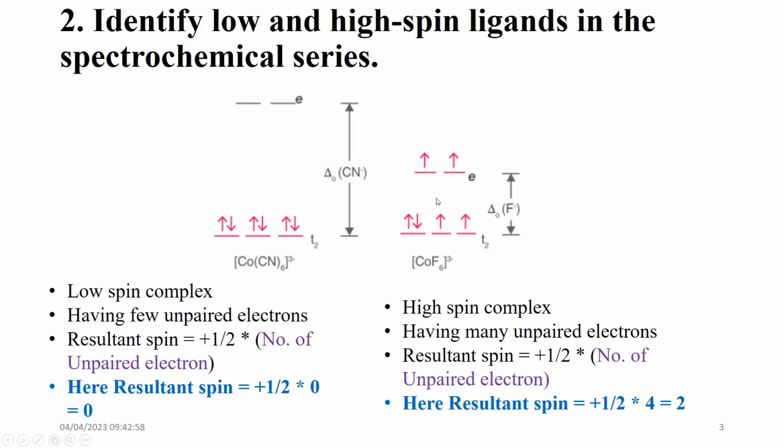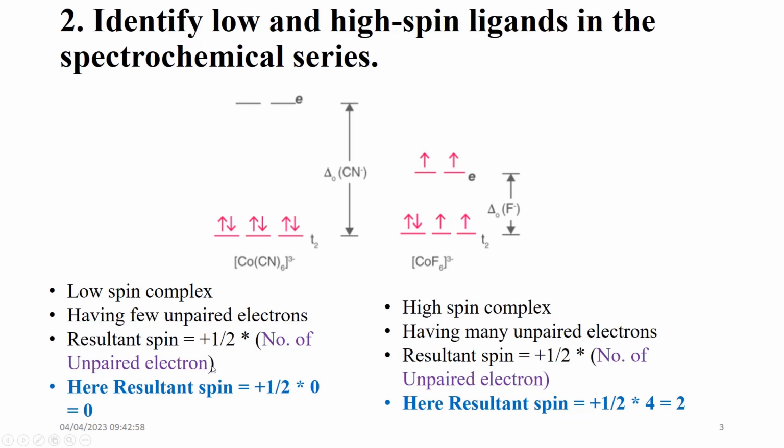These 4 unpaired electrons each have a spin value of plus a half, so if we add them, we multiply by 4 and get 2. So this resultant spin is 2, and the other resultant spin is 0. So this is a high spin, while the other is a low spin. That's the meaning of low spin and high spin complexes.